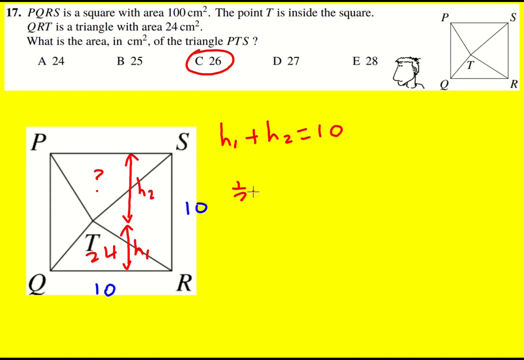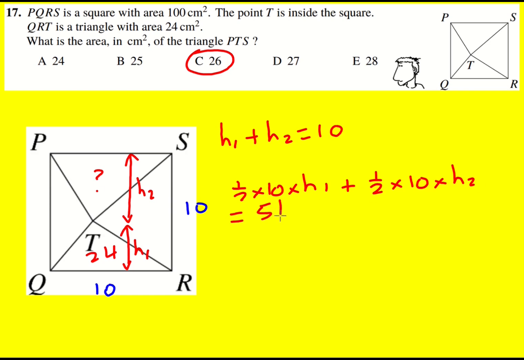A half times 10 times h1, that's the area of the first triangle. And then I'm going to be adding a half times 10 times h2. I'm adding these two together.